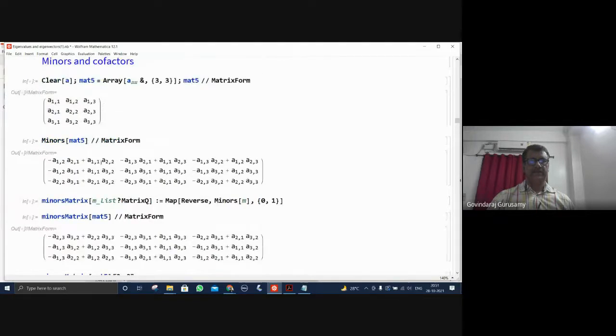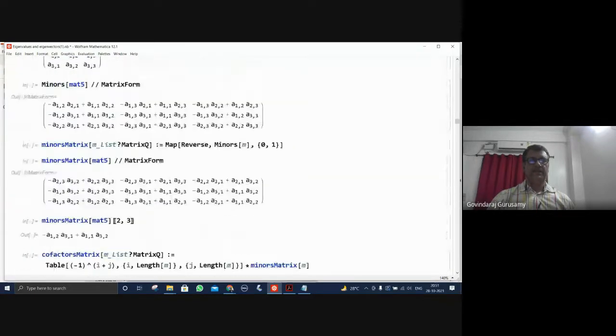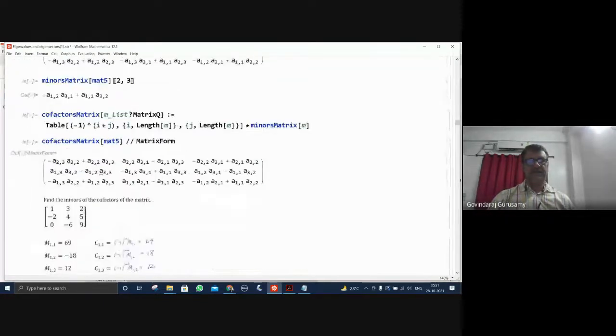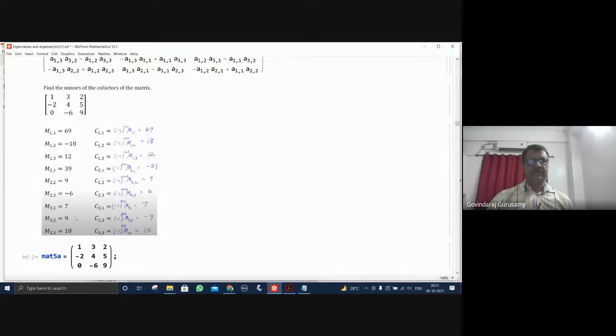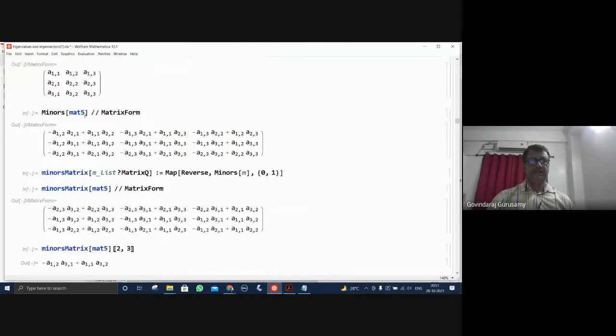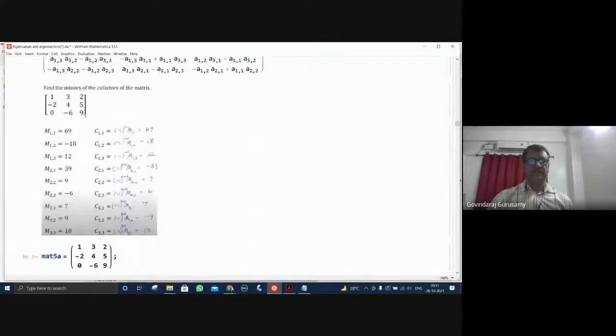To get it, you just go through this problem and follow this generalized matrix with the array. Then compare it, and you are sure that what has been defined here is available here as the cofactor of matrix 5. The matrix 5 cofactors. It's not very easy to do. You can practice them and then get it.